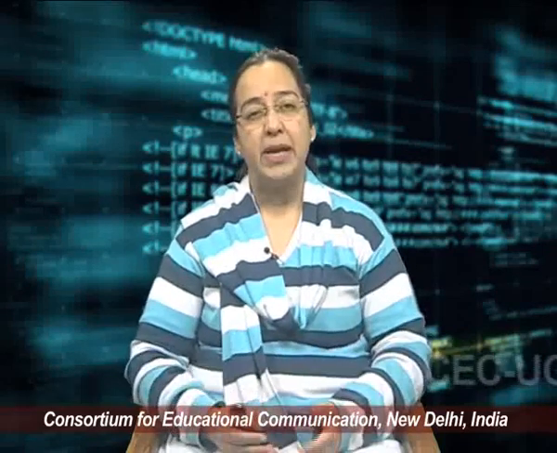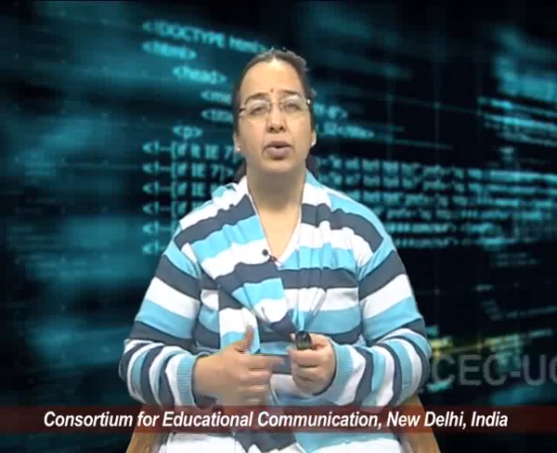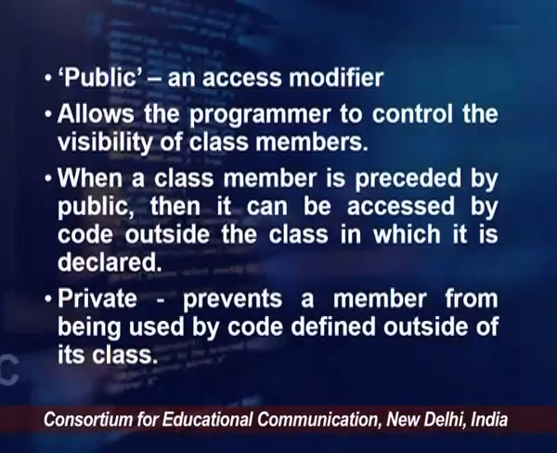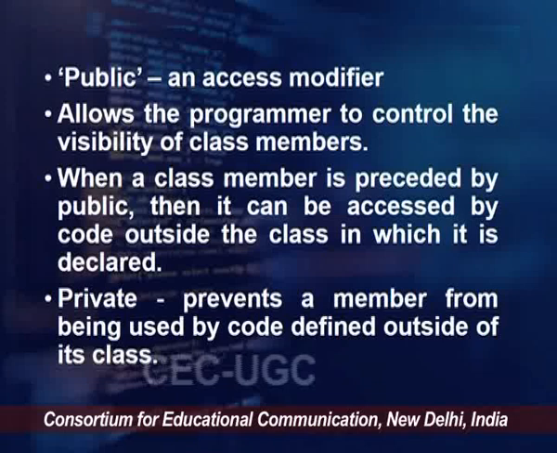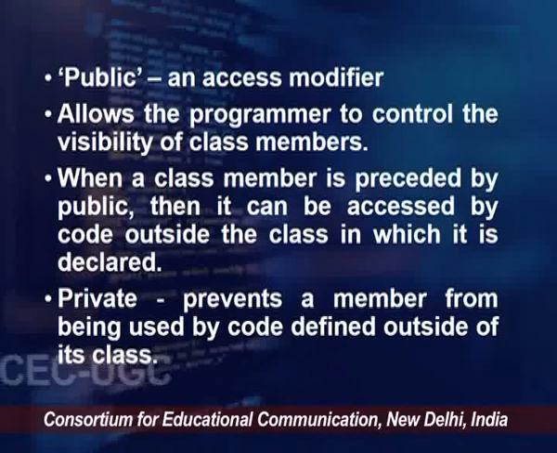So public, those of you who are familiar with any object oriented programming language, especially C++, you all are aware that public is an access modifier, and other access modifiers could be private and protected. So here we have used public as an access modifier. Now, why have we used this modifier?